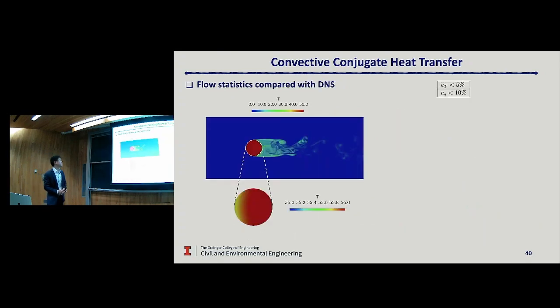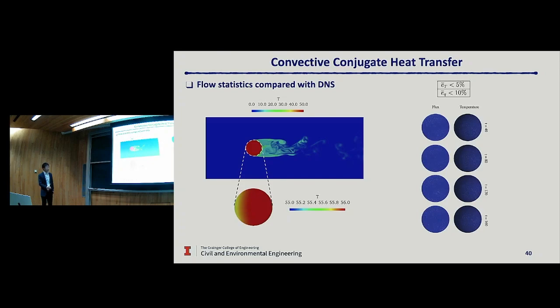Now the most important thing is the temperature field. This figure shows you the temperature distribution in the wake, and this figure shows you the temperature inside of the sphere. So it's a cooling process. Most importantly, the most important thing is this figure. You see that this enriched immersed boundary method can reduce the relative error of the temperature compatibility and the flux compatibility to a very low error.